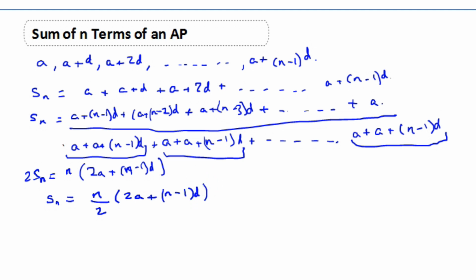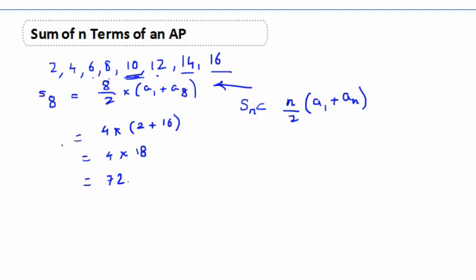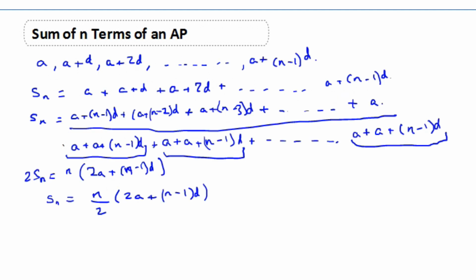Now you would say that we should get the same formula. We found the formula earlier as something else and this as something else. The earlier formula, if we see, was n over 2 times (a1 plus an), which is the first term and the last term. Here we are getting something different.